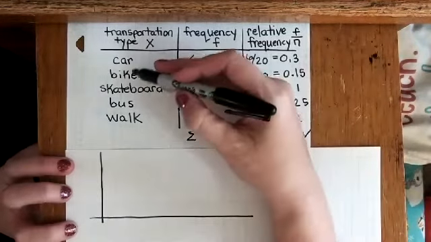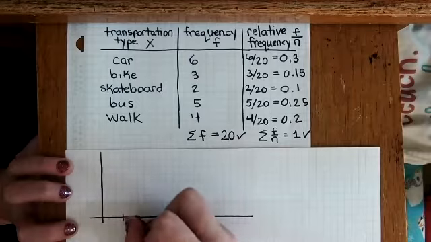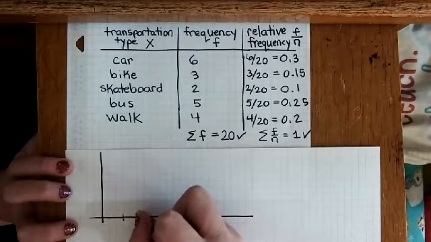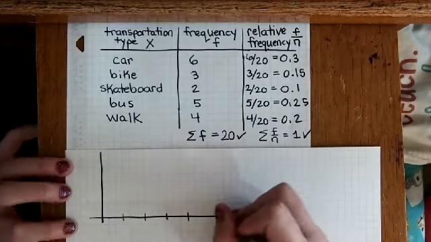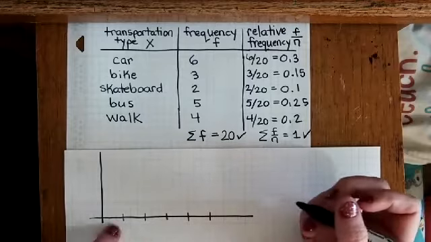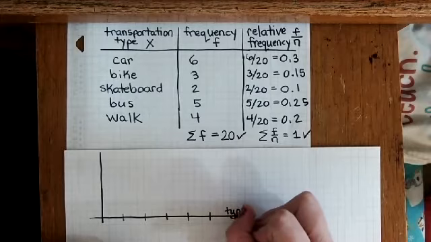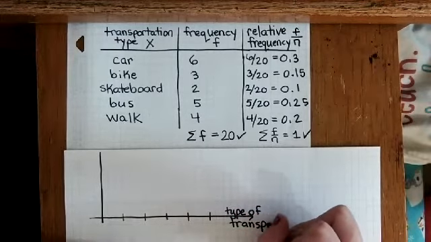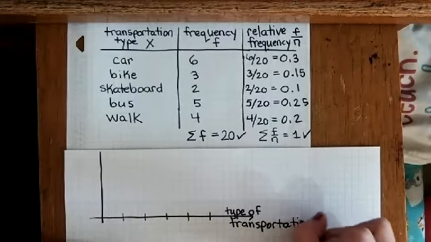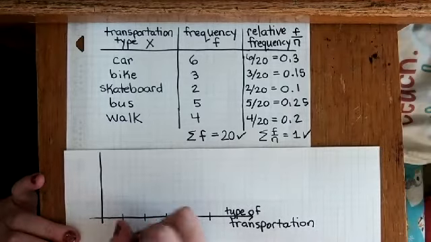We'll want 1, 2, 3, 4, 5 tick marks along the x-axis, and generally we'll want them evenly spaced, equidistant. There's the 5 tick marks, right? So we can call this type of transportation. And then we can label our tick marks.